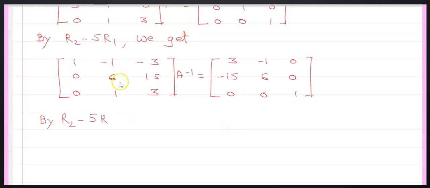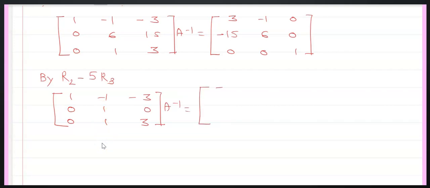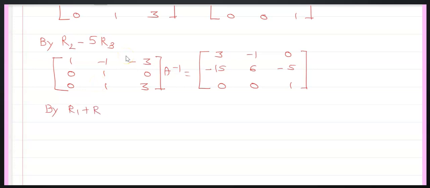Next is to make this 6 as 1. That is R2 minus 5 times R3. Therefore this is 1. So we can perform the same operation at that time, that is R1 plus R3 is also possible.